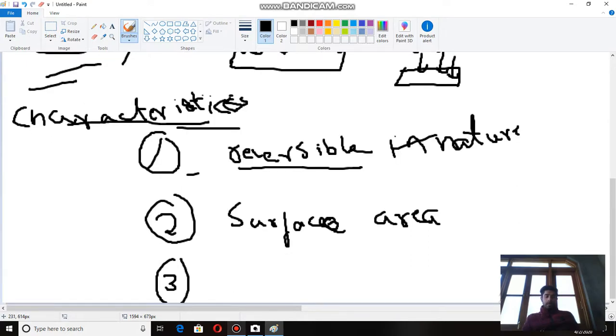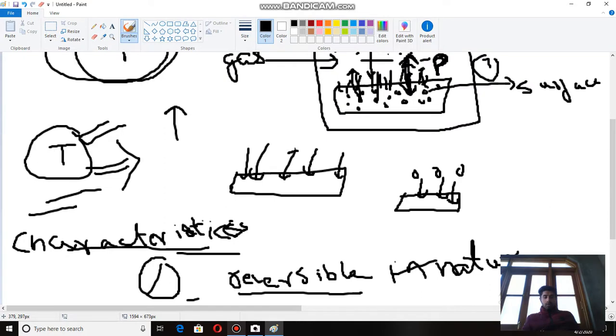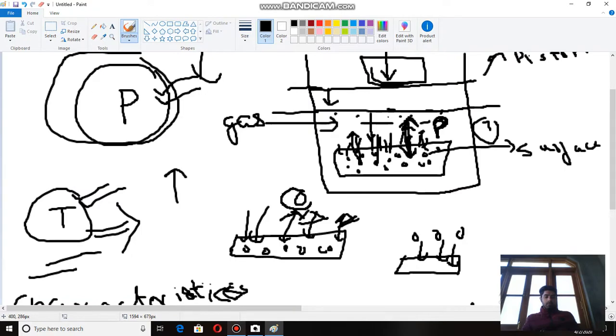Third, as there is a weak force of attraction between these particles and the particles of the surface, we need a small amount of energy to break the bond between them or to free the foreign particles from this surface.